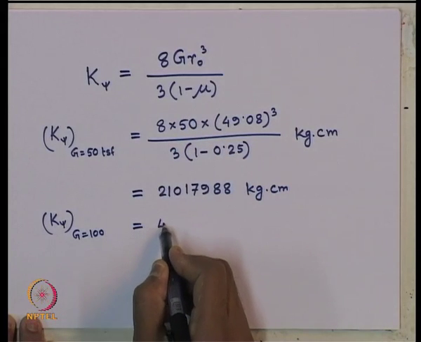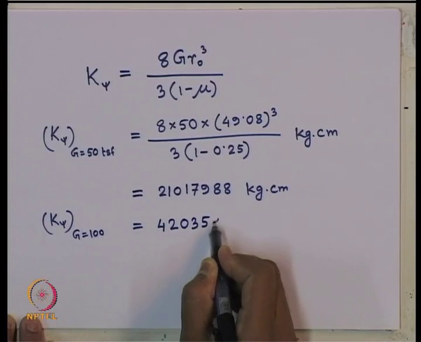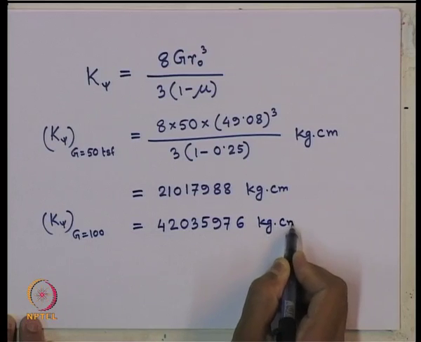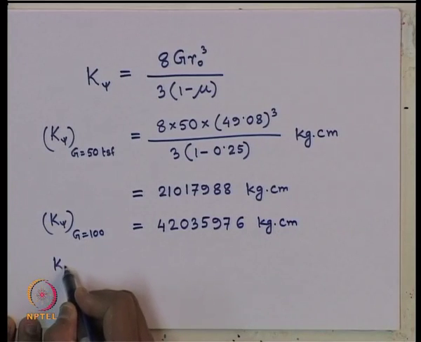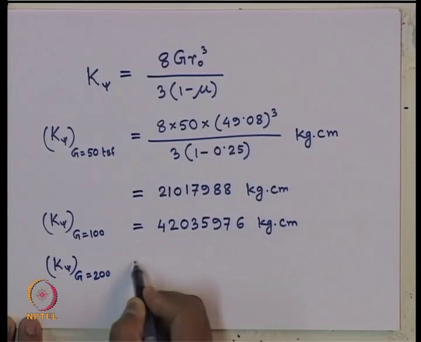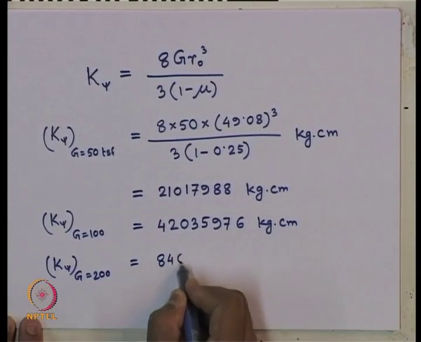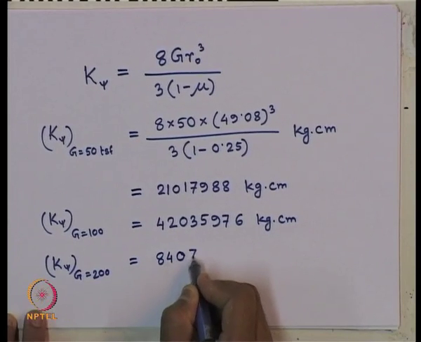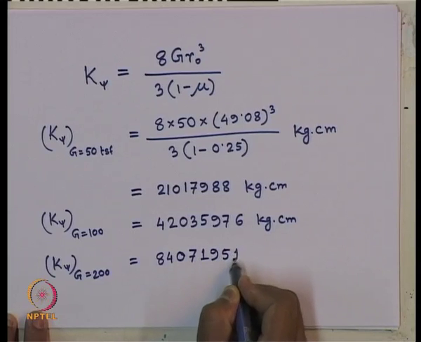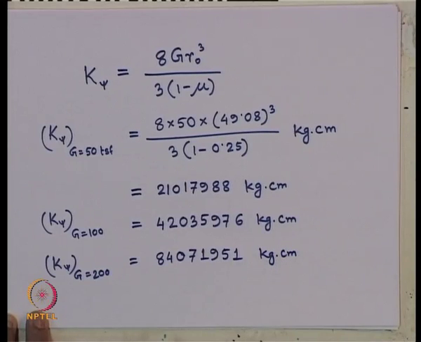So, just double of this, 4203597 kg centimeter, and k psi for g equals to 200 will be double of this, which is 8407195 kg centimeter. Okay.